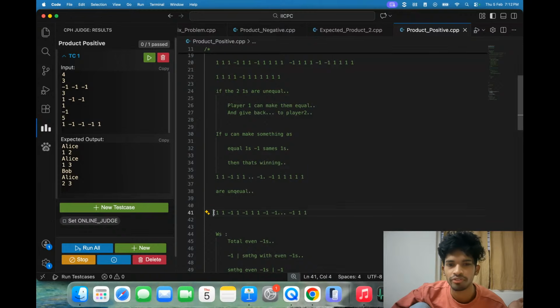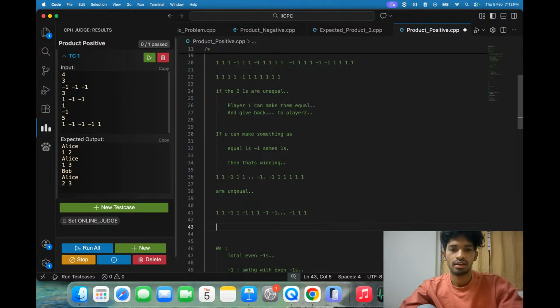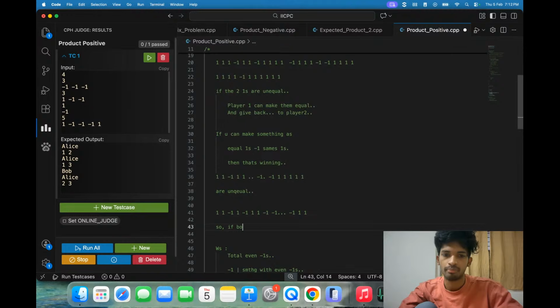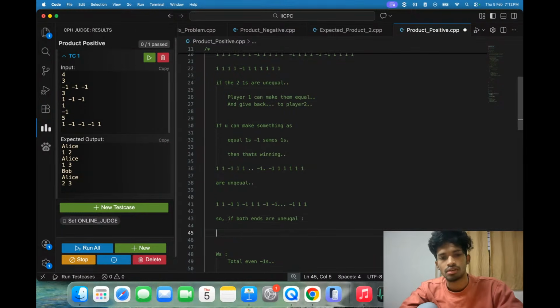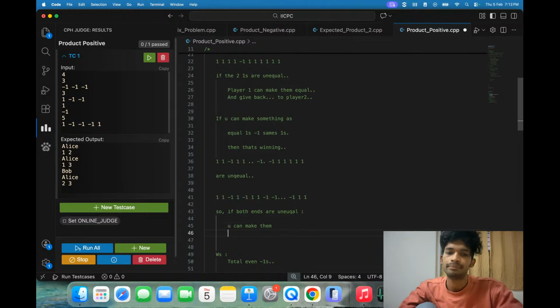So if both ends are unequal, you can make them equal, minus 1 equal.